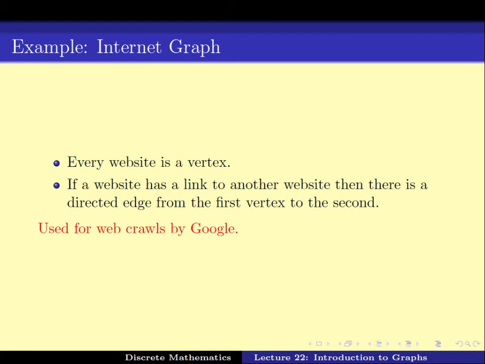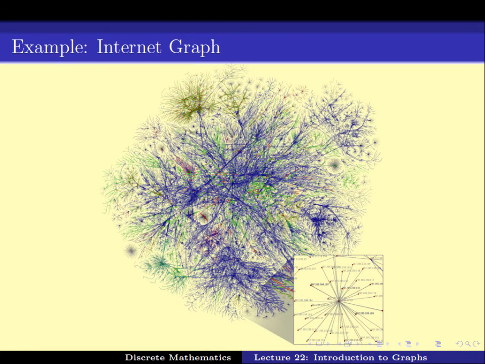When you search something on Google, Google uses this. So these are examples of real life data represented in graphs and used a lot in our modern day technologies. This is the representation of the internet graph, which I think came out a few years ago.